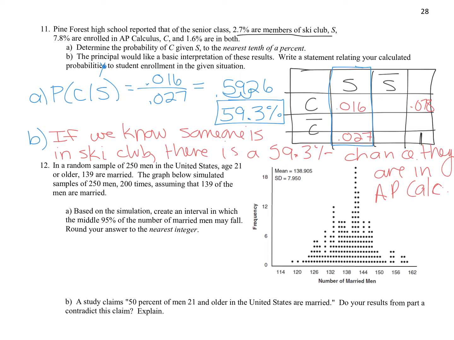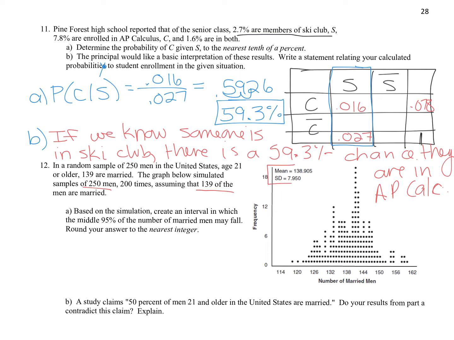In a random sample of 250 men in the United States, aged 21 or older, 139 are married. The graph below simulated samples of 250 men 200 times, assuming that 139 of the men were married. So assuming that this is the actual statistic, 139 out of 250, this is what happened when we took random samples. Based on the simulation, create an interval in which the middle 95% of the number of married men may fall.